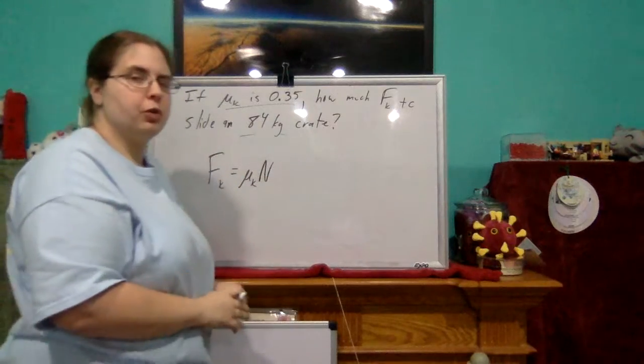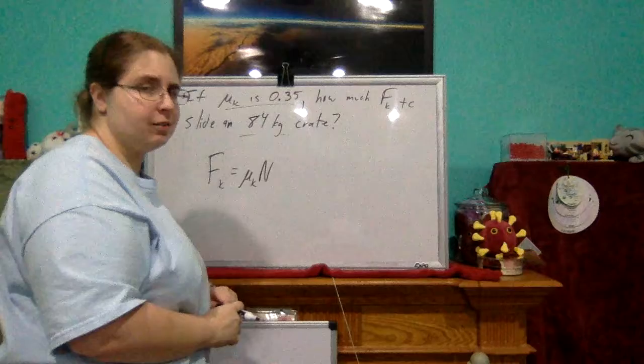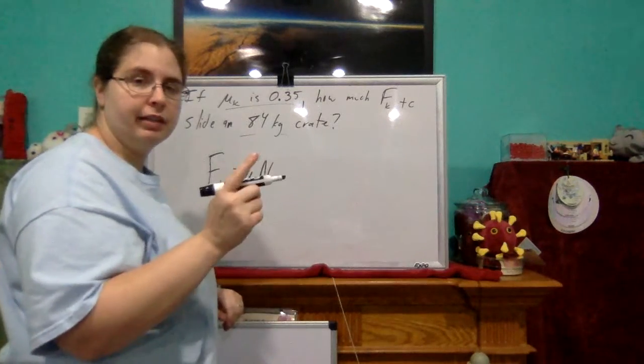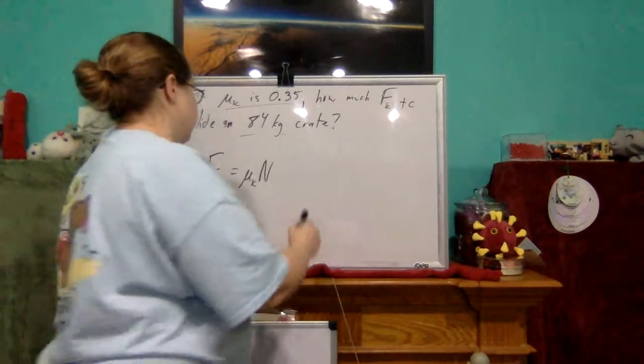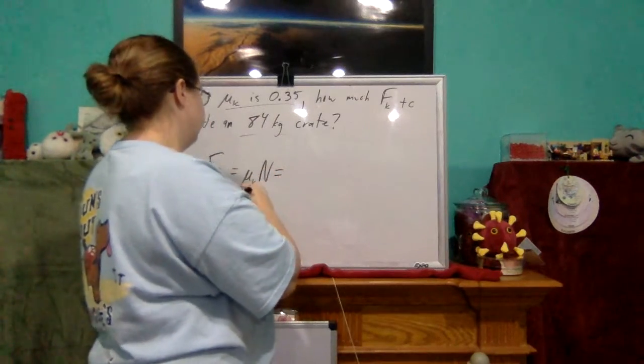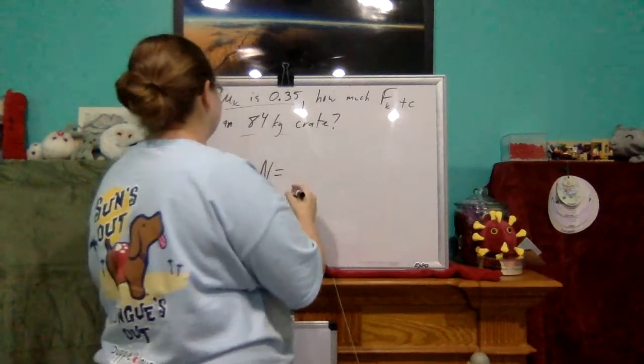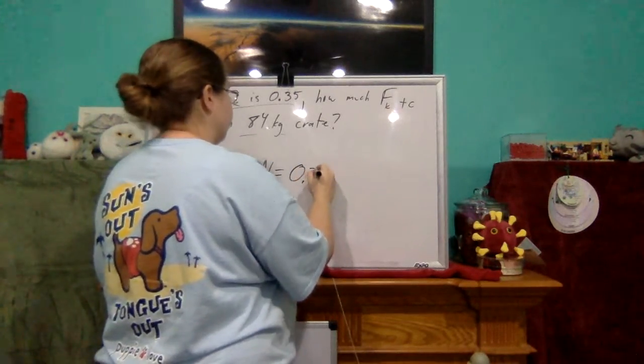We know mass, but we don't know weight. Remember, mass and weight are not the same thing. But don't worry, you know this. You got this. We know the coefficient of kinetic friction is 0.35.